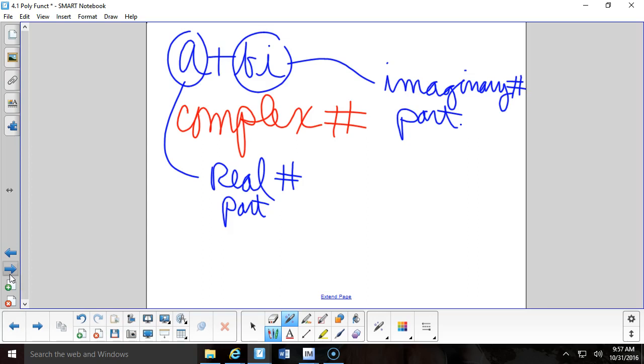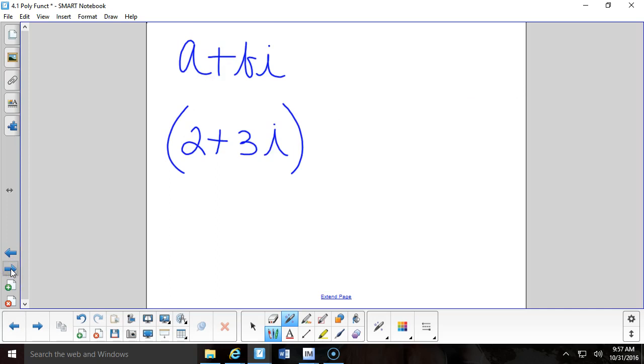The real number part is the a out front, the imaginary part is the bi. Together, we call it a complex number. A plus bi, 2 plus 3i. That's a complex number.